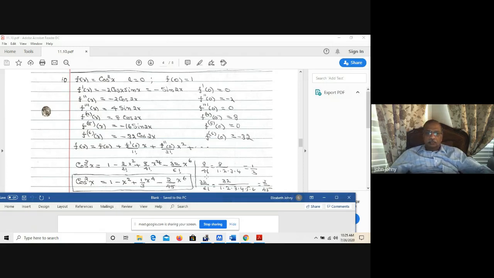See, 8 over 4 factorial is simplified here: 8 divided by 1 times 2 times 3 times 4. 2 times 4 is 8, that is 1/3.